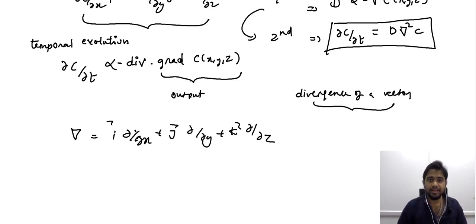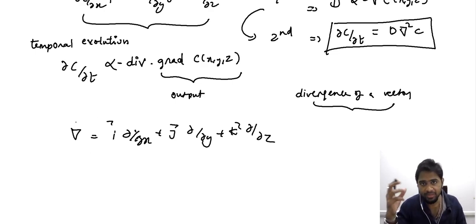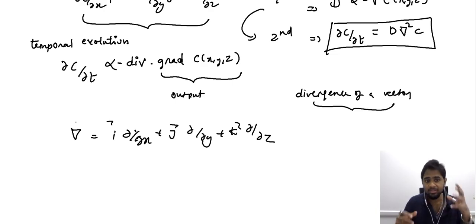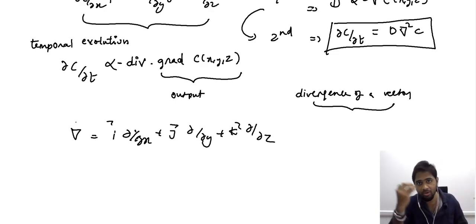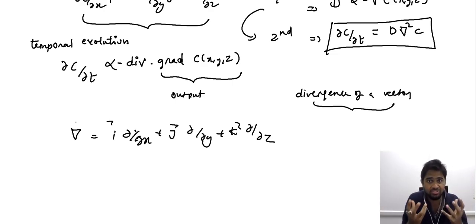So whenever we say that the divergence is associated with a dot product, what we implicitly assume is there is another vector involved. We will be able to apply this divergence operator only on another vector, because the divergence essentially involves considering the dot product between this operator and another vector.